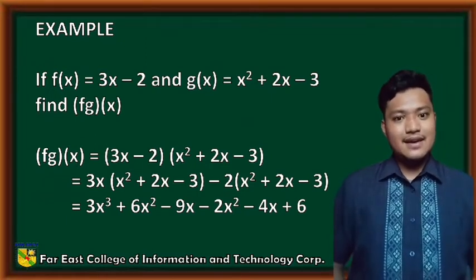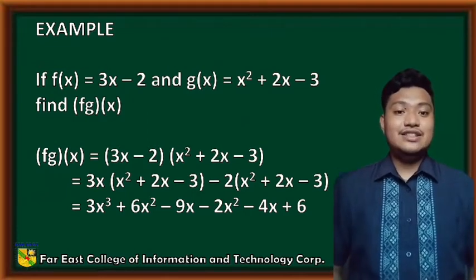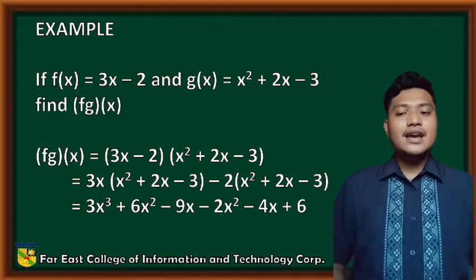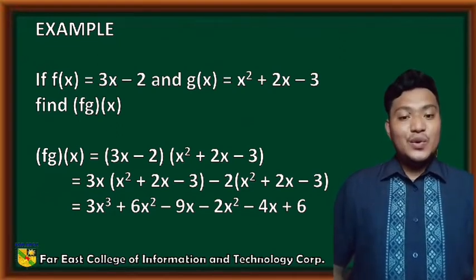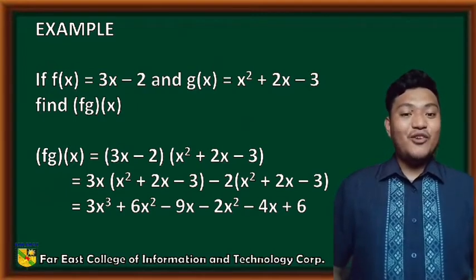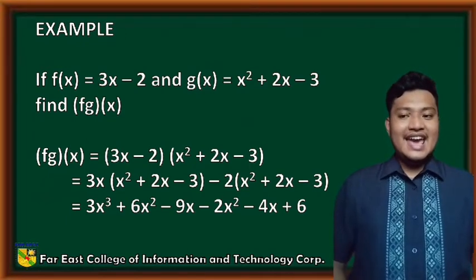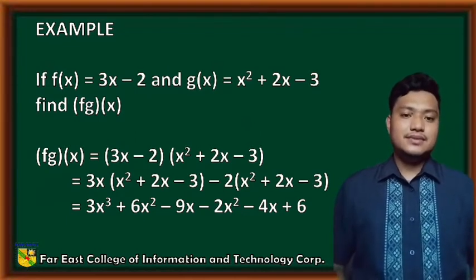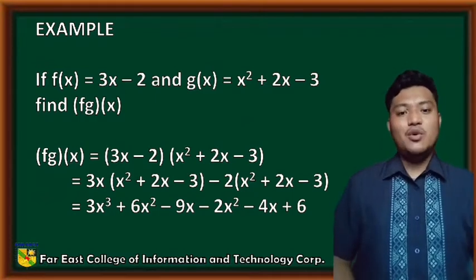And then after you perform the distributive property, you need to combine the like terms. The like terms are 6x squared and negative 2x squared, and negative 9x and negative 4x. The 3x cubed and the positive 6 don't have similar terms, so they will be brought down.